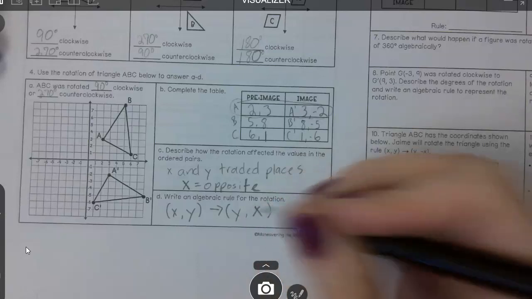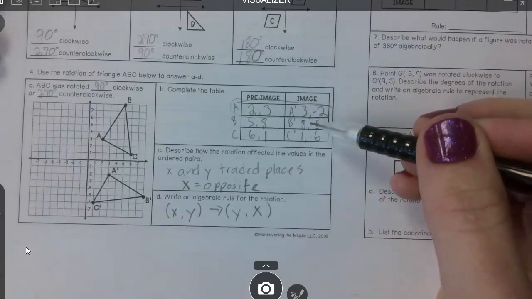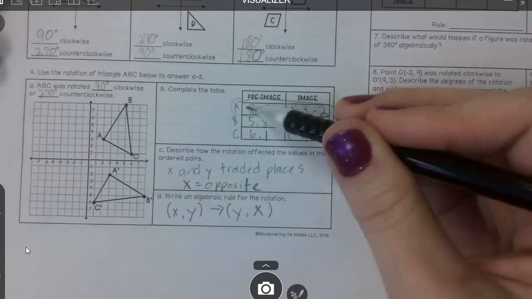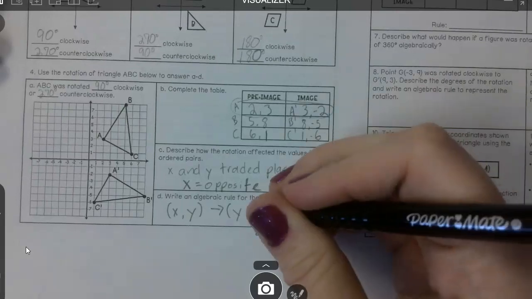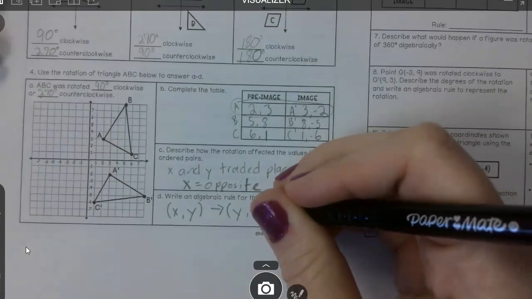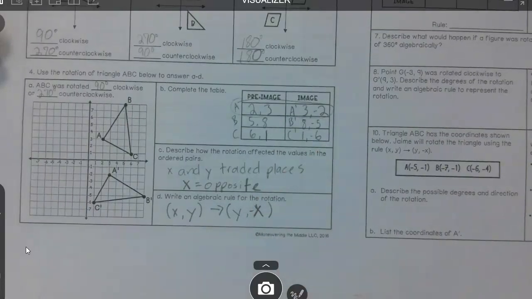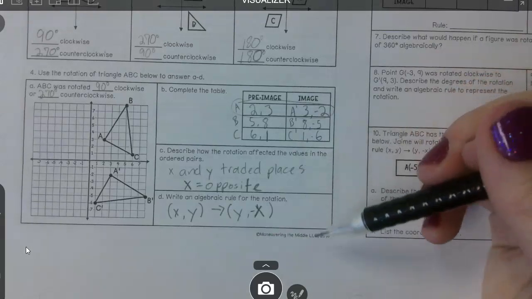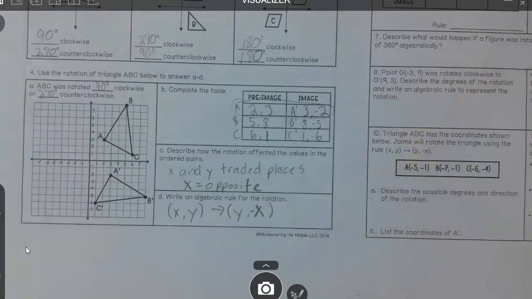That shows me that the X and the Y, the 2 and the 3, traded places. Now we also need to show that the X value went from a positive to a negative. It was now the opposite. So we'll use again the negative sign to show that this is the opposite. Okay, so that is our rule, written out in words and written out in algebraic form. Now let's look at another one.